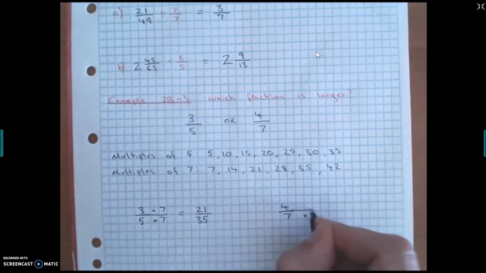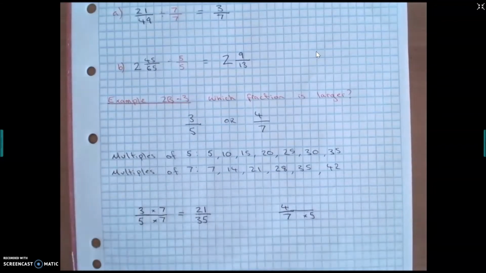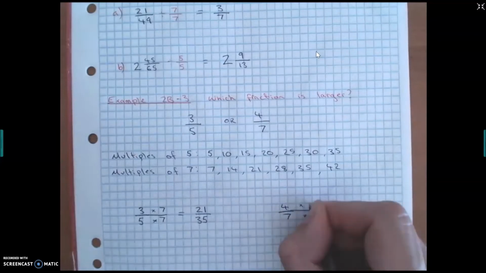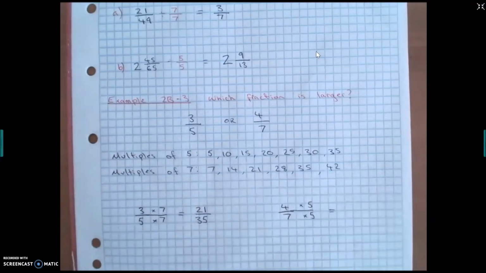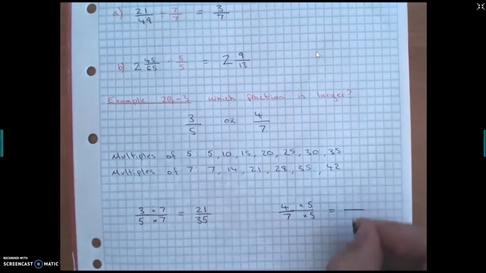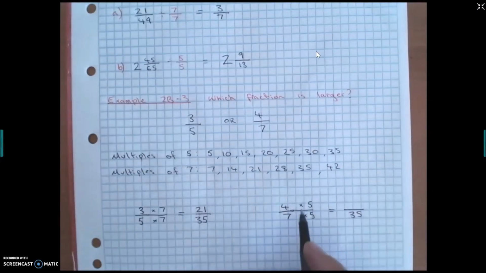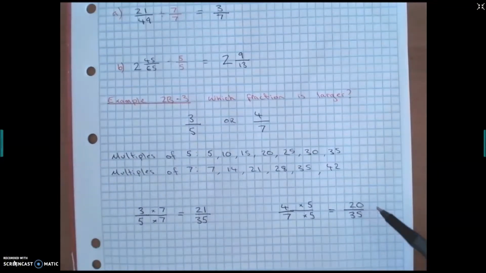Whatever I do at the bottom I also have to do at the top, so I'm going to multiply that by 5 also, and 4 times 5 gives me 20, so the equivalent fraction for 4 over 7 is 20 over 35.